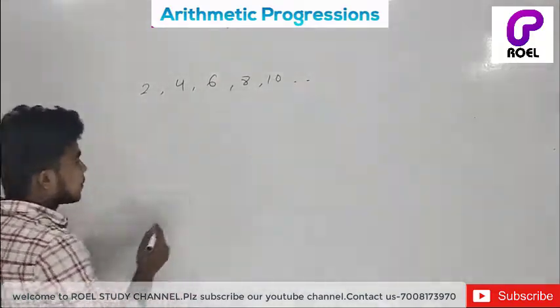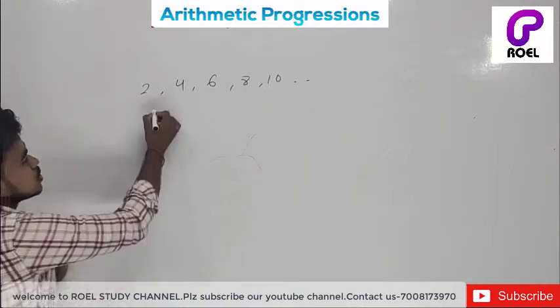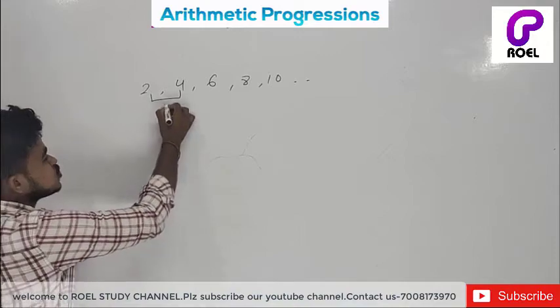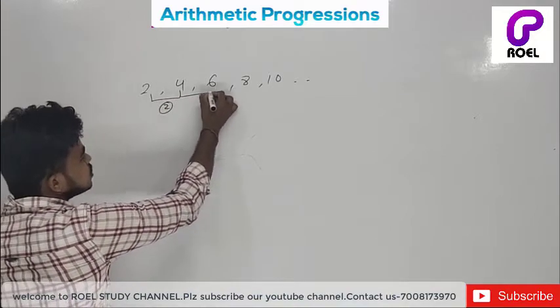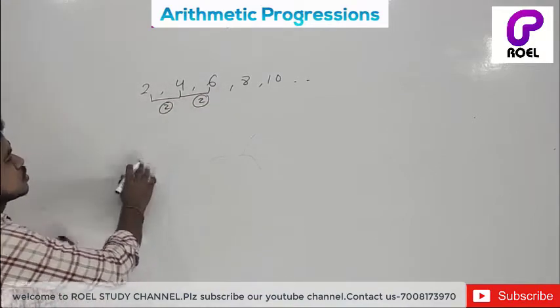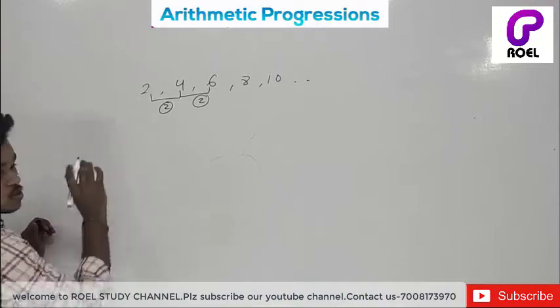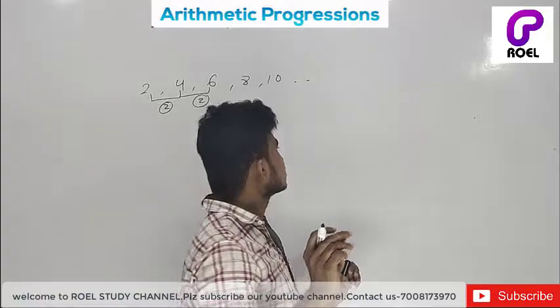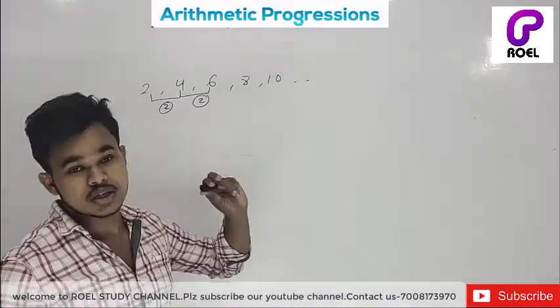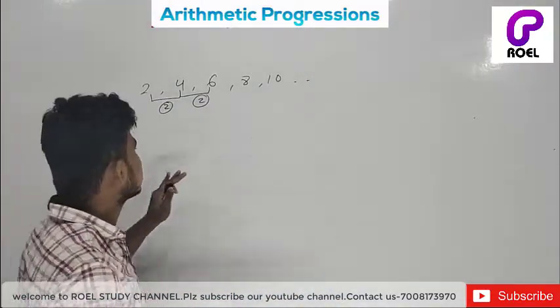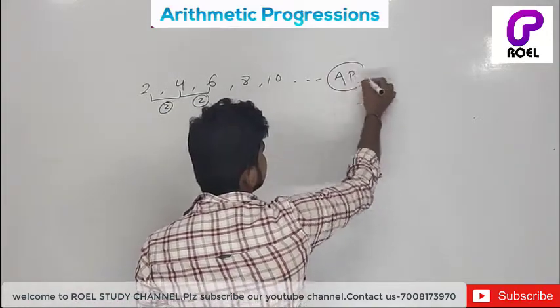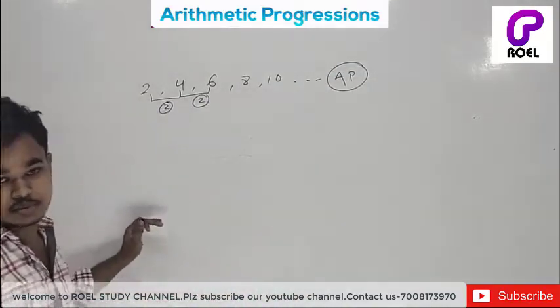Here the difference between these two numbers is 2. The difference is known as common difference, and as here the common difference is the same in each of the numbers in the series, we can say it is an AP or arithmetic progression.